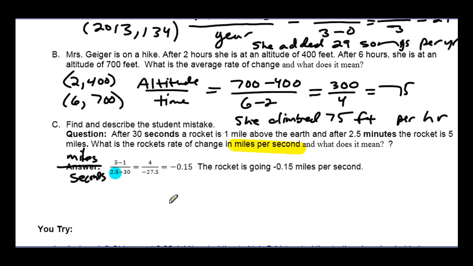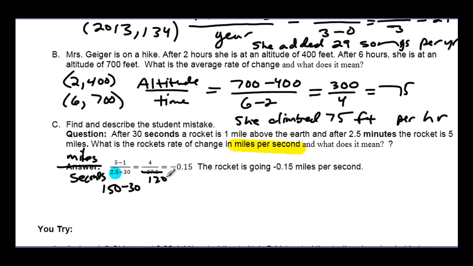So we have to convert the 2.5 into seconds. 2.5 minutes in seconds. So there's 60 seconds in a minute, so that means 2 minutes will be 120. Alright, plus an additional 30 to make up for that half brings us to 150. So we should have 150 minus 30, which is 120.